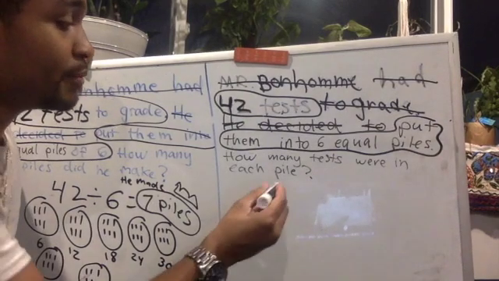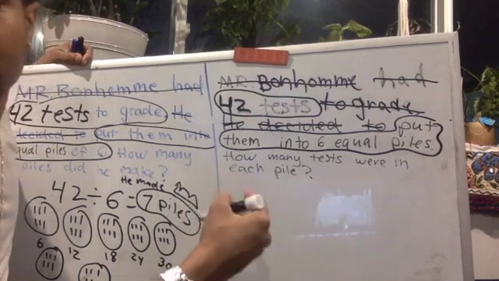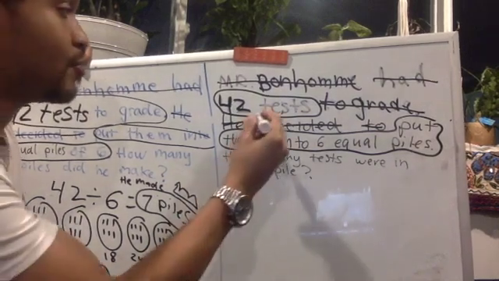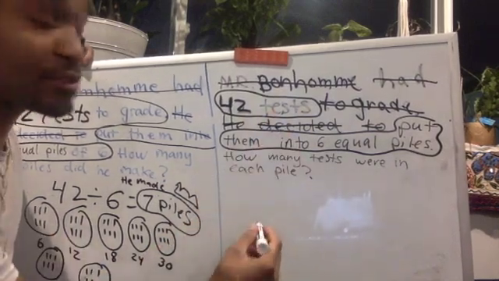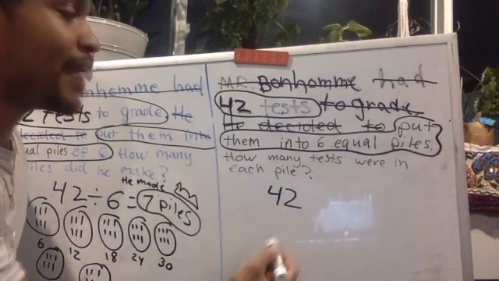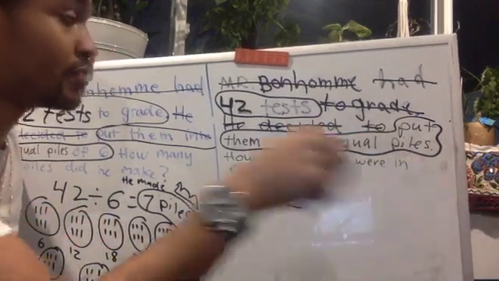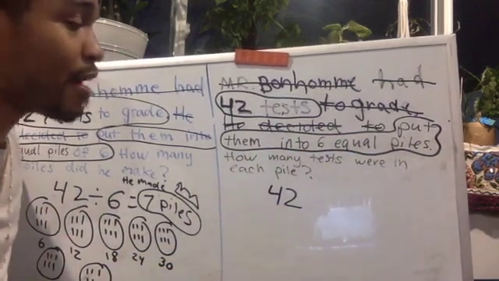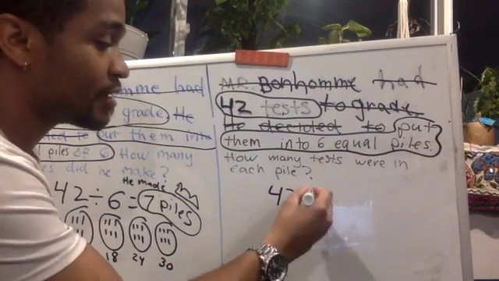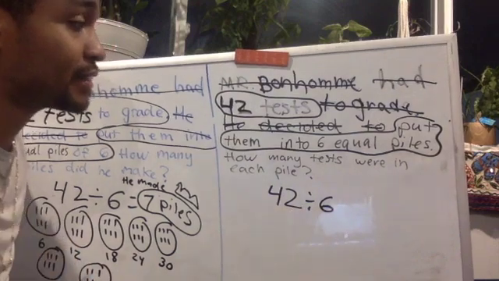Now, let me start to set up my equation and think about how I'm going to represent this. 42 tests seems like it's my total. So 42, and I need to put those 42 tests into 6 equal piles. The number 6, I'm going to divide that. 42, I'm going to divide it by 6.